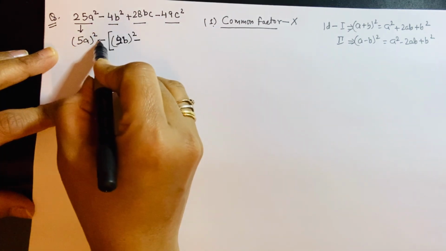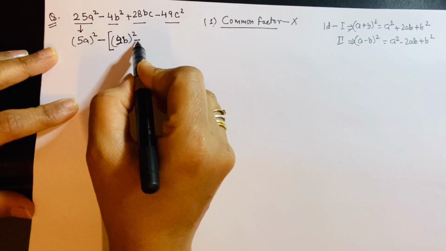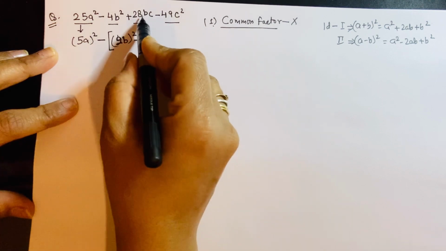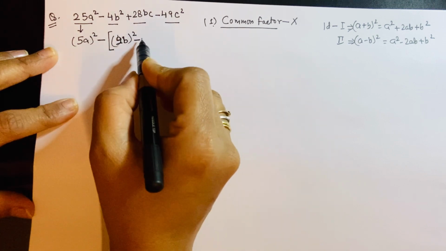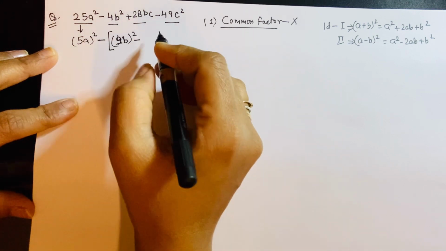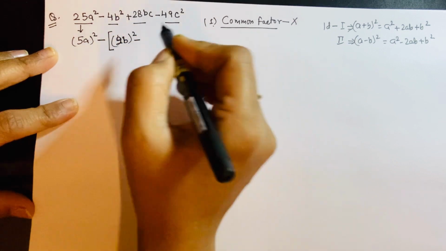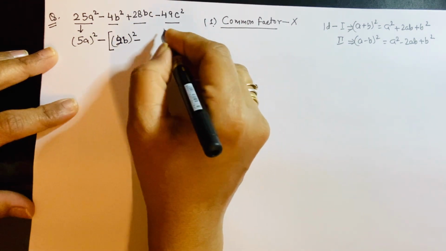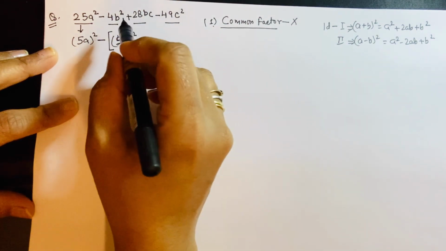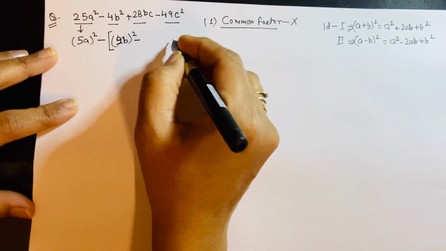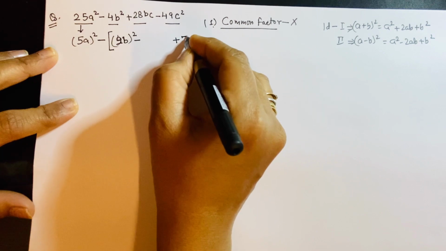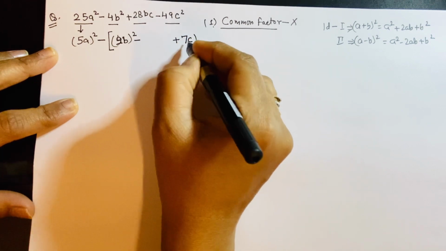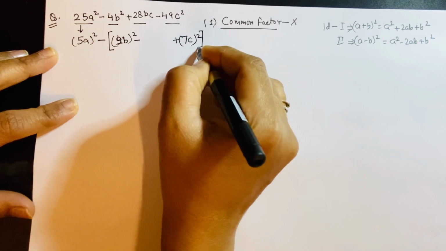So since you are taking the minus out, this can be written as minus, the middle part can be written as minus, minus will be plus when we open the bracket. So at present we are leaving the middle part. Then since this is a minus, so when you are taking the minus out, it will be plus. So 49, the factor of 49 will be 7 square, so 7c whole square, and then close the bracket.